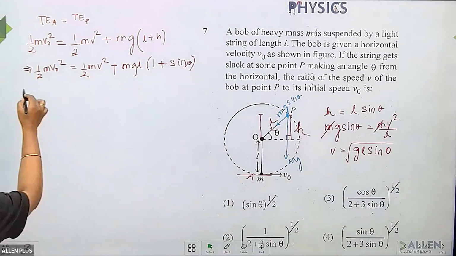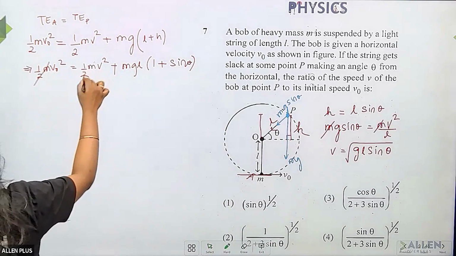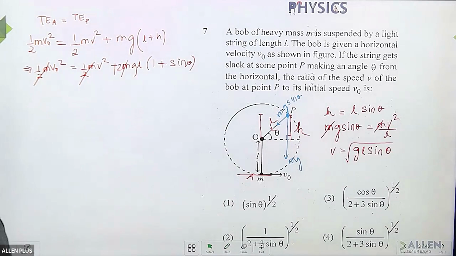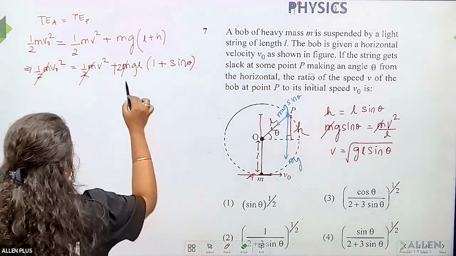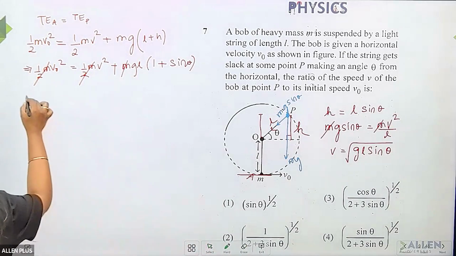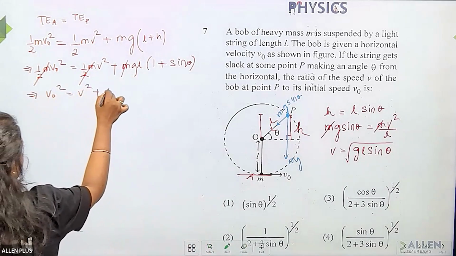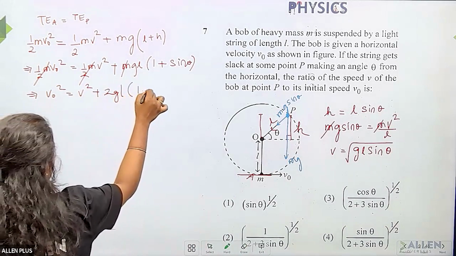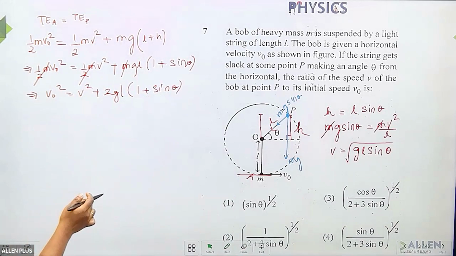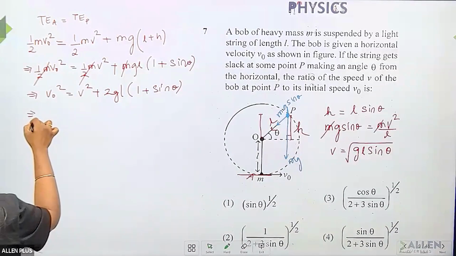Now here, if I'm cancelling out m, the two halves will get added up. Okay. So let me substitute it in the next step. This gives me V naught square is equal to V square plus 2GL into 1 plus sine theta. Just now we have obtained an expression for V square, right? You can substitute it here.